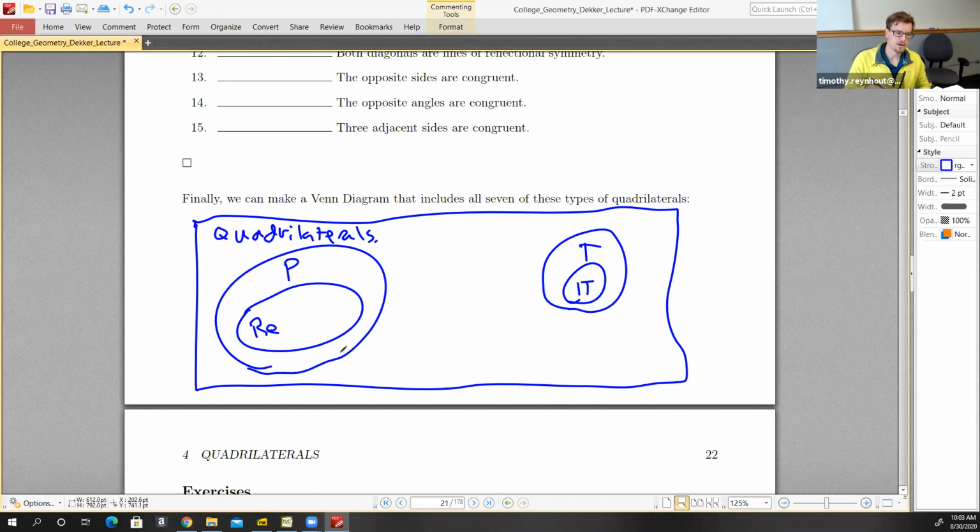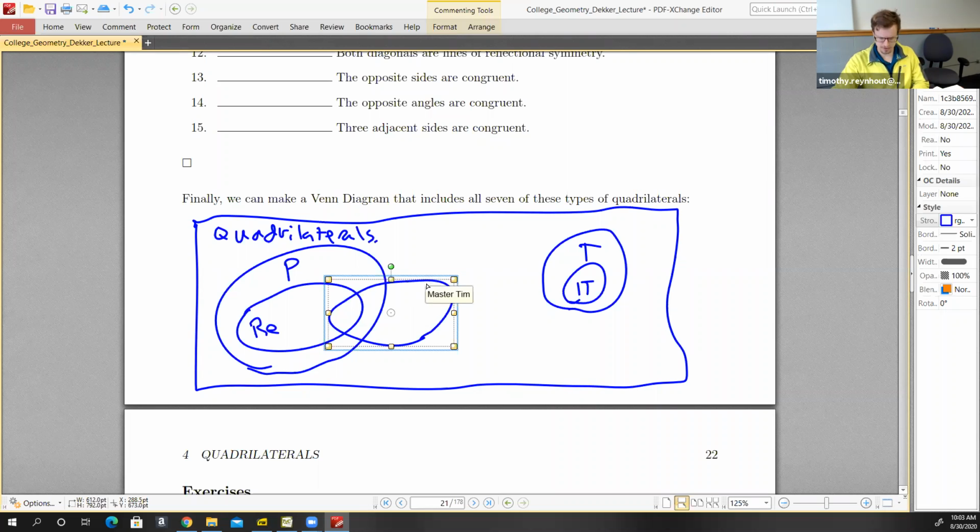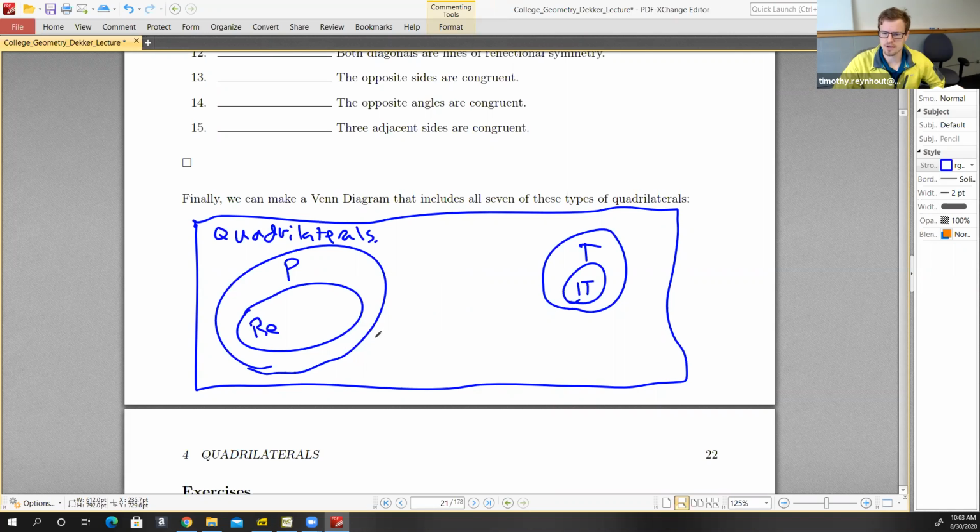But squares are a rhombical rectangle, if you remember correctly. So we've got a little bit more going on there. So if we draw an oval here, like this, actually let's draw it a little bit larger so it's easier to write within. Pick up more of the rectangle and more of the parallelogram.